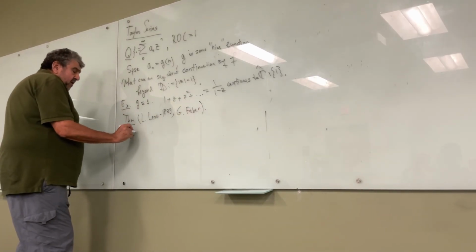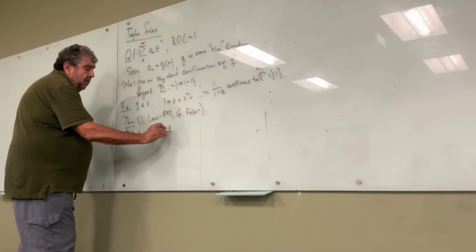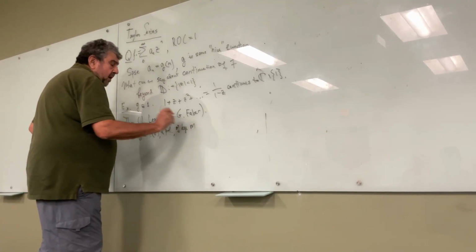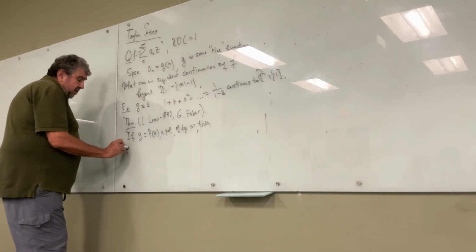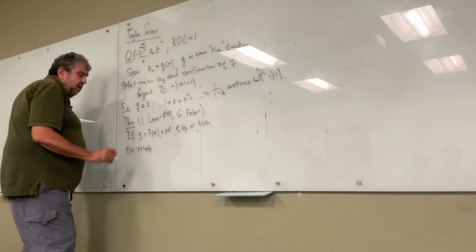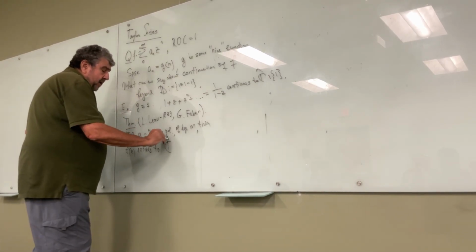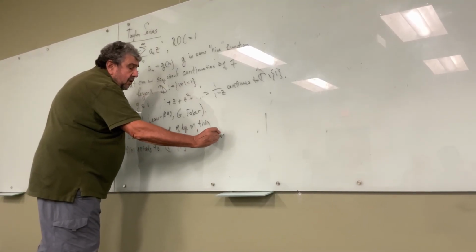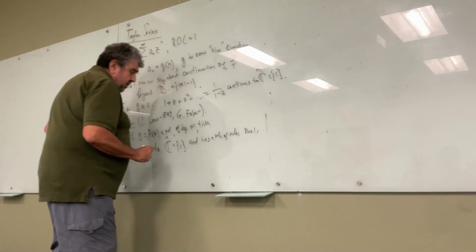If g is a polynomial of degree m, then f of z extends to the whole complex plane except one point, and has a pole of order one higher than the degree at 1.